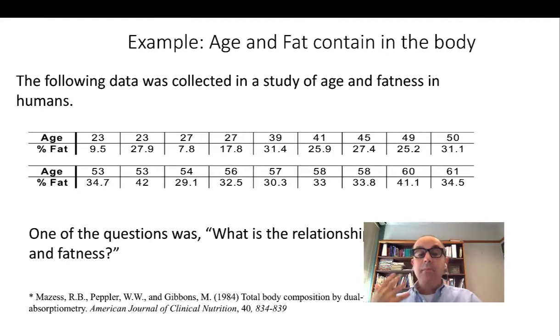For example, the following data is collected in a study of age and fat in humans. As you can see, the lowest age is 23 and the highest is 61. So what is the relationship between age and fat?